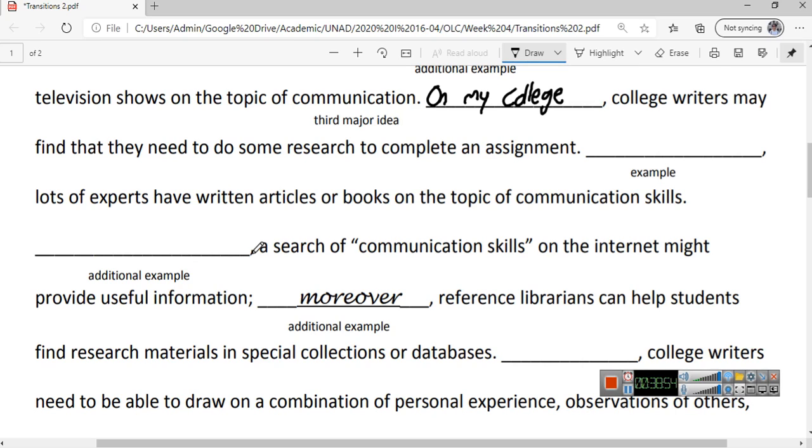Such as. In this sentence, such as acts as if it was a subject, and we already have a subject. Lots of experts.